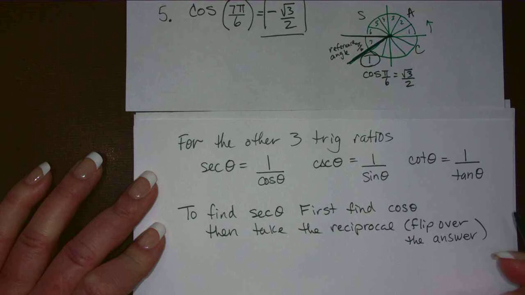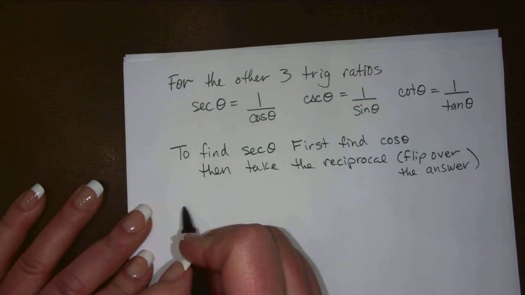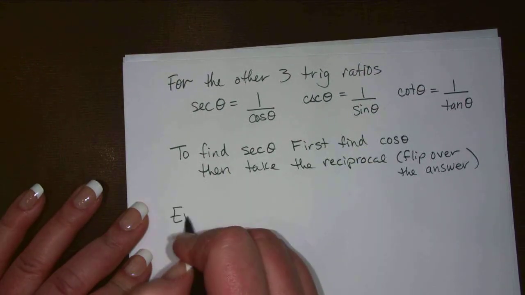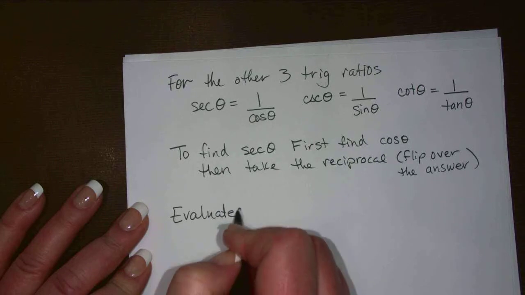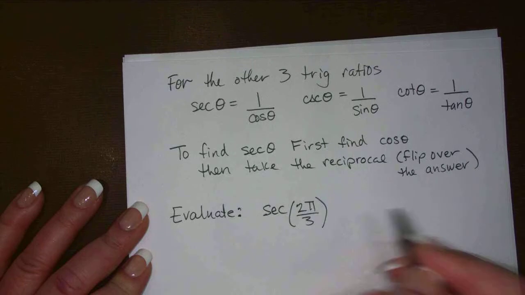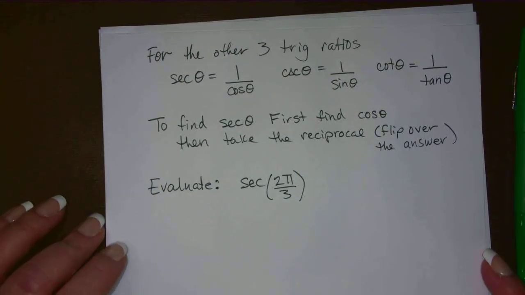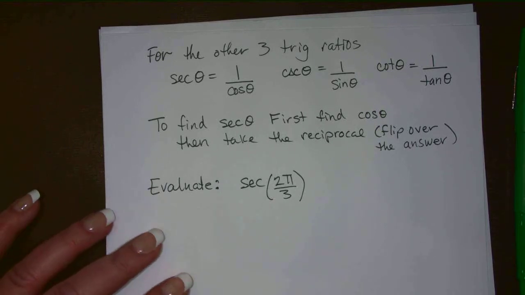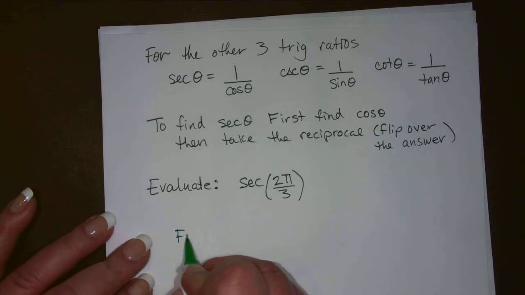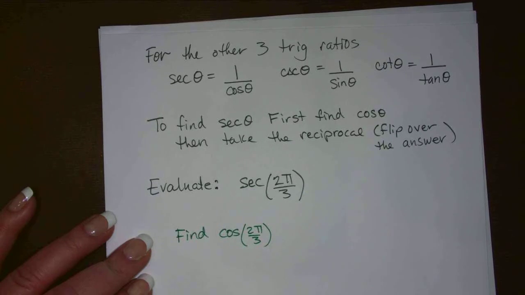Flip it over. Keep the same sign and everything. So, for example, secant of 2 pi over 3. So secant is 1 over cos, so we're going to first find cos of 2 pi over 3, as if that were the question, and then we're going to flip it over, and that's the answer for secant.